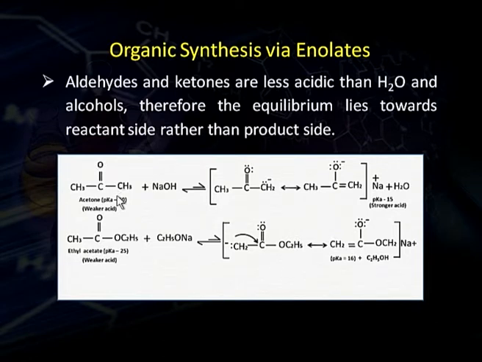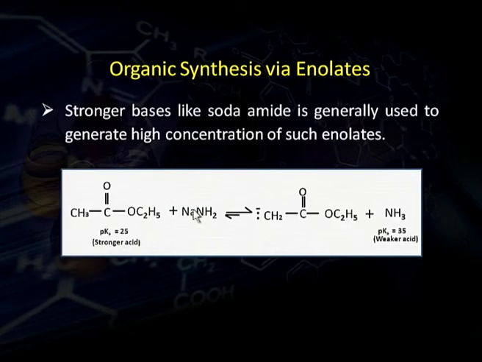So, for simple aldehydes and ketones, the amount of enolate anion is very small. It can be increased if we use a strong base like sodamide. When a strong base like sodamide is used for the removal of alpha hydrogen, this gets converted into the anion and ammonia, and ammonia has a pKa value of 35, whereas the pKa value of alpha hydrogen here is 25.